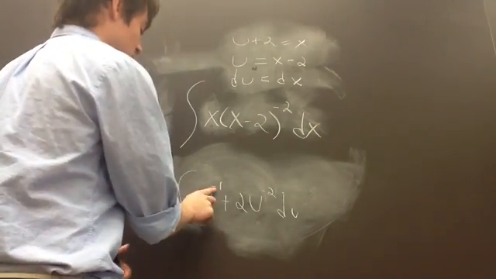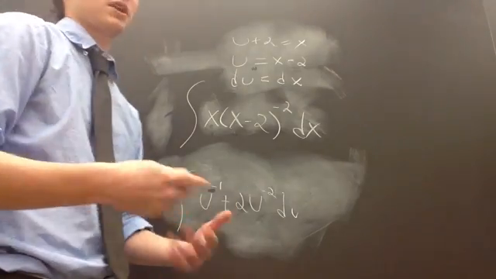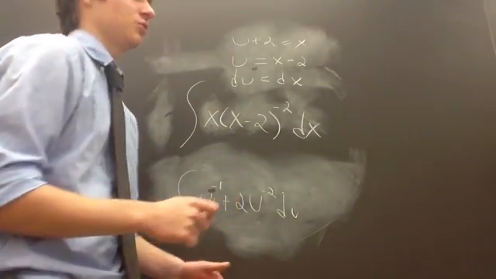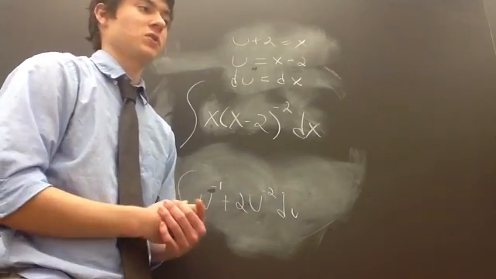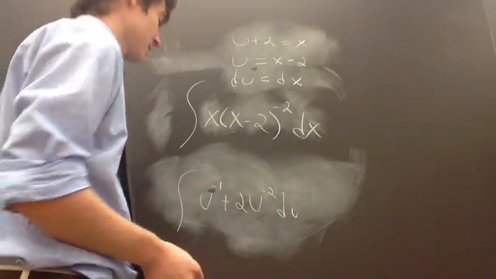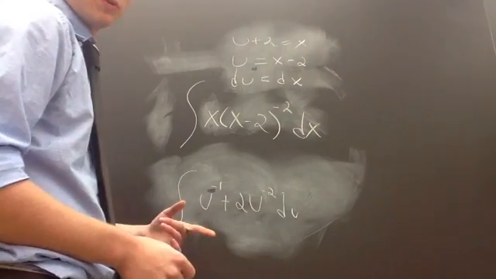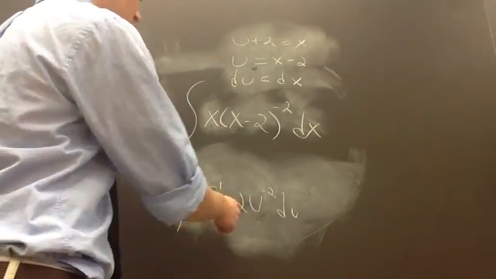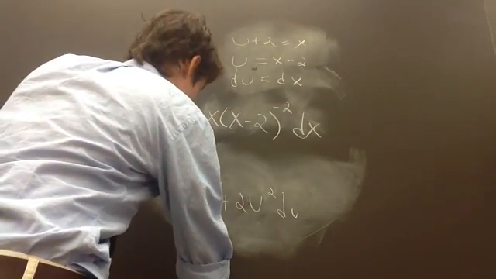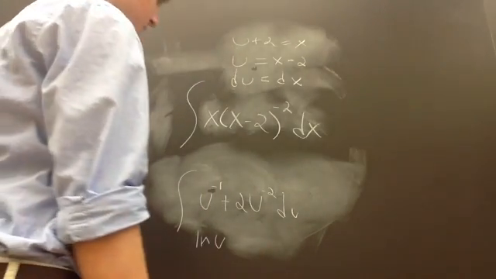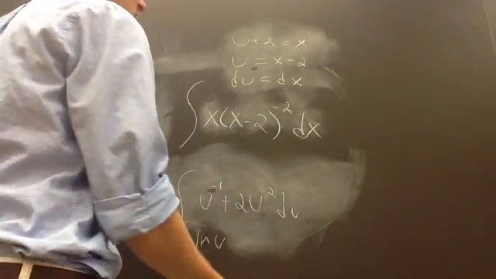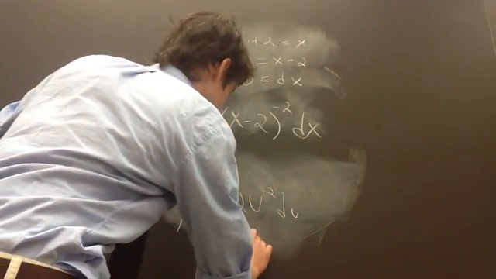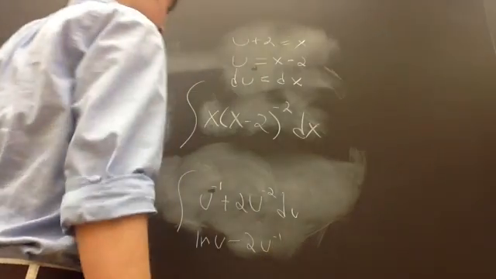Now, we can just take the integral. So u to the minus 1 is a little tricky. You're going to have to do a little bit of backwards thinking. We know that the derivative of ln of x is going to be equal to 1 over x, and u to the minus 1 is 1 over u. So reverse think that. You know that the integral of u to the minus 1 is going to have to be ln of u. And for this, we can just use power rule, add 1 to the exponent, divide by that, so minus 2u to the minus 1.